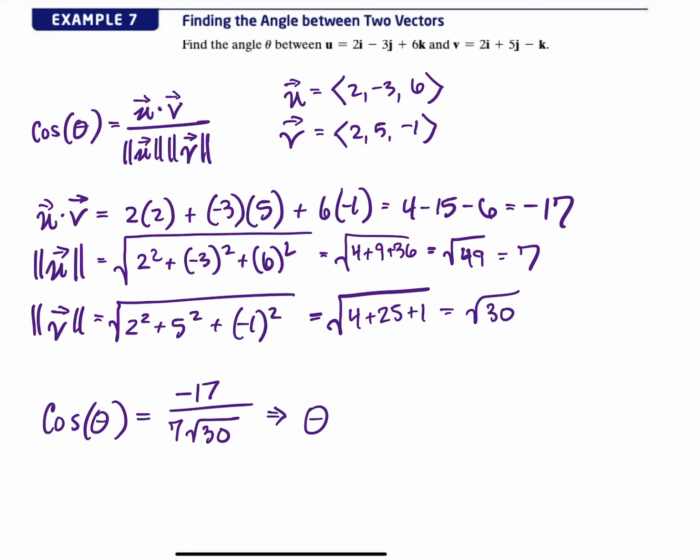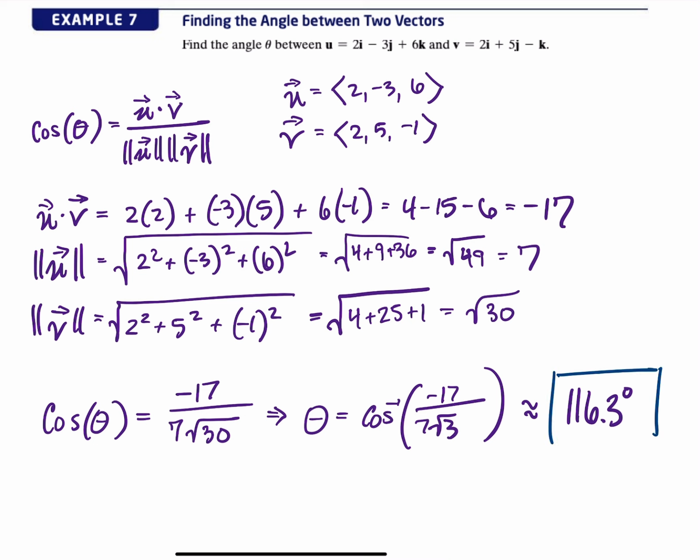So that means our angle between vectors is the inverse cosine of everything on the right, which is approximately 116.3 degrees. So same formula, just working with 3-dimensional vectors.